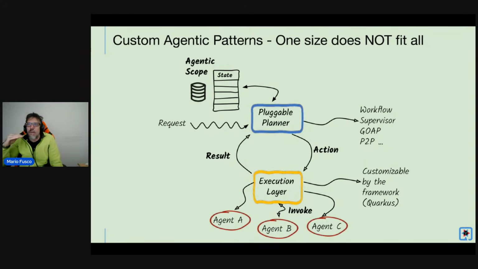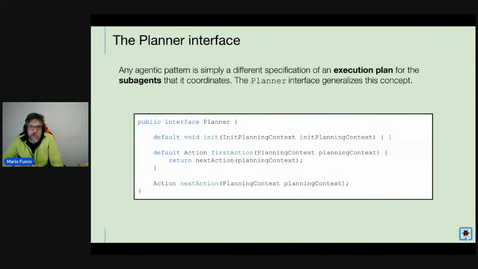All the patterns that I discussed so far, the different workflows and the supervisor, are now implemented in terms of this pluggable planner, and you can implement and plug in your own implementation. Let me give you a concrete example.